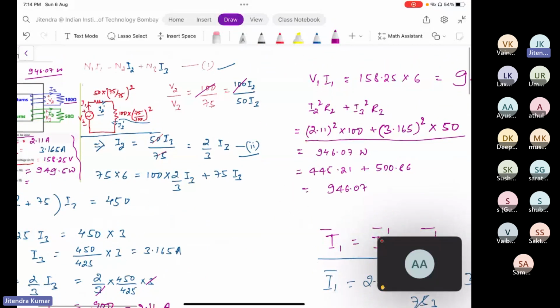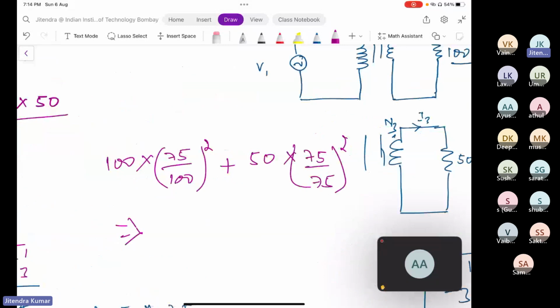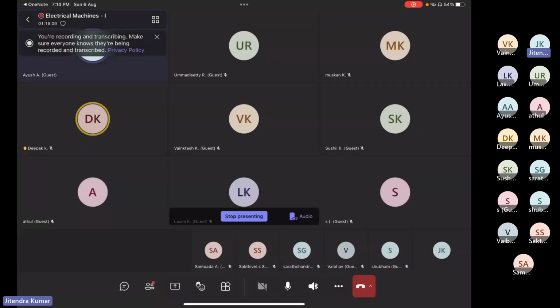If you compute this, you will get the value of the impedance. 26.47.